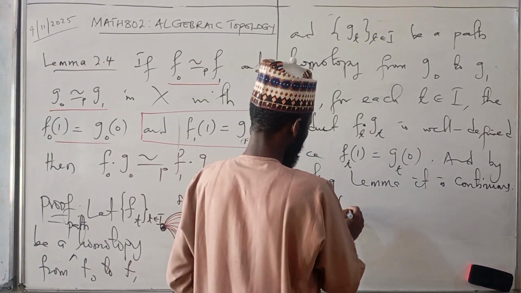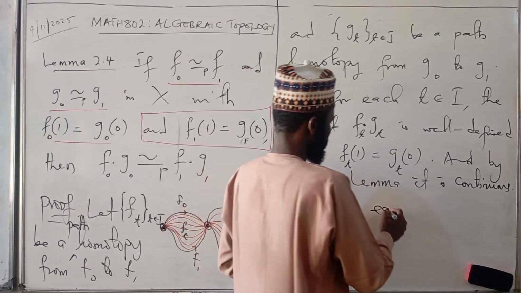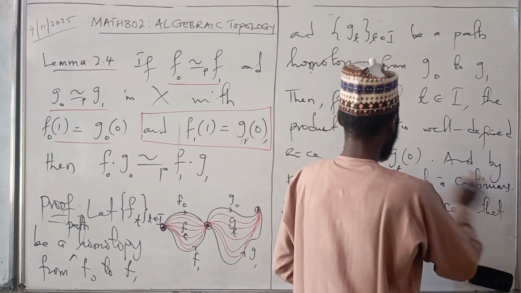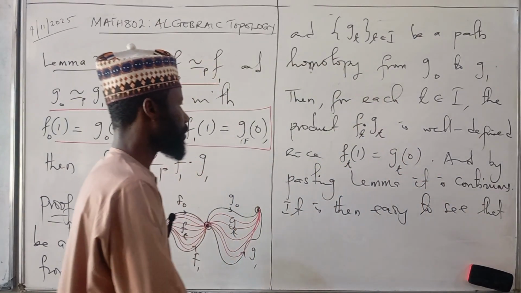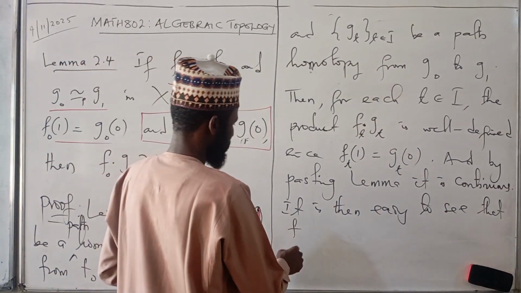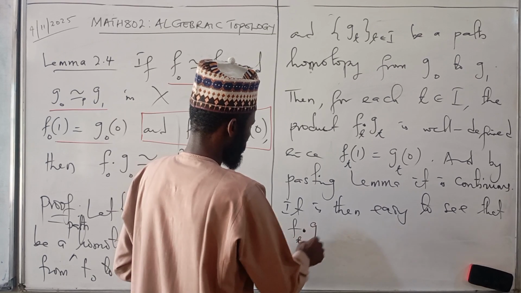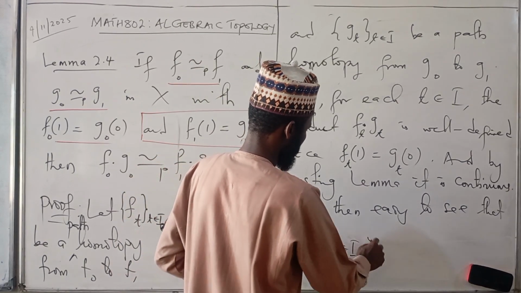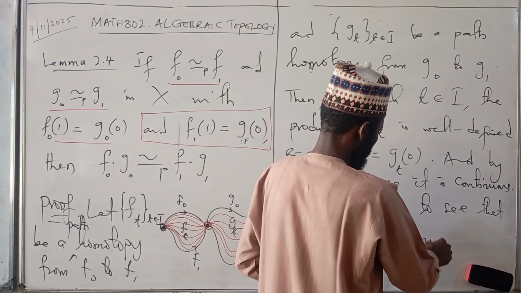It is then easy to see that this continuous family of maps, f_t g_t, t in the index set, is a homotopy.